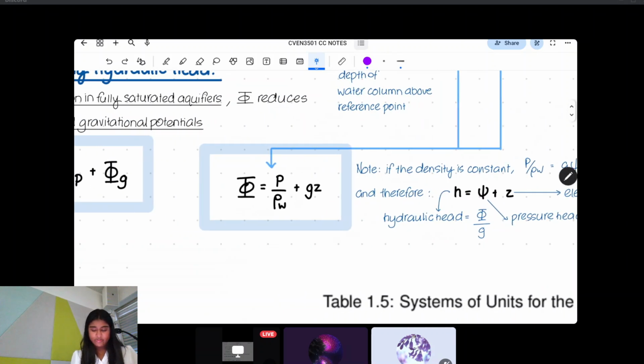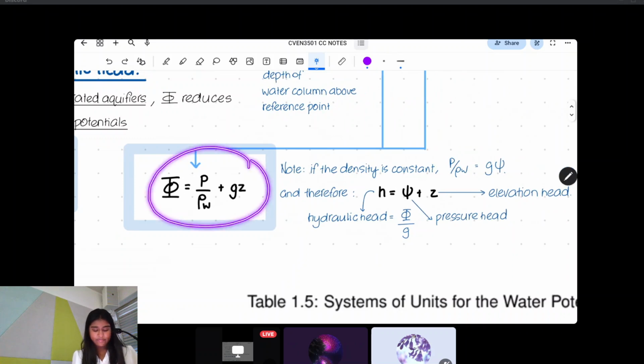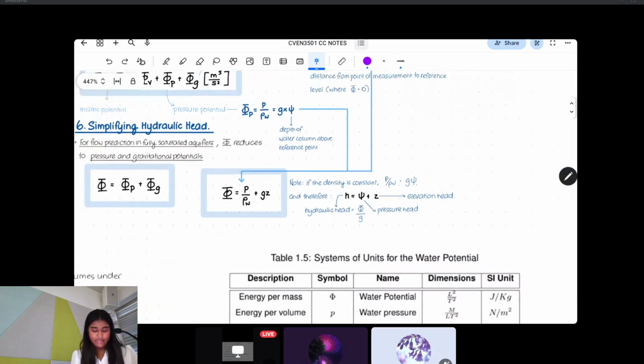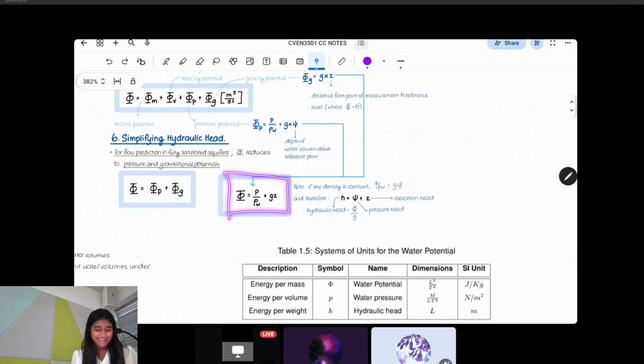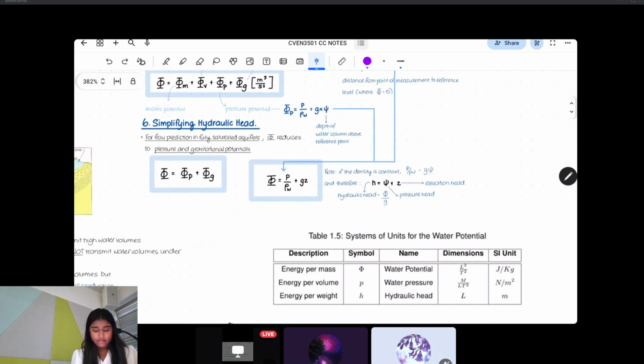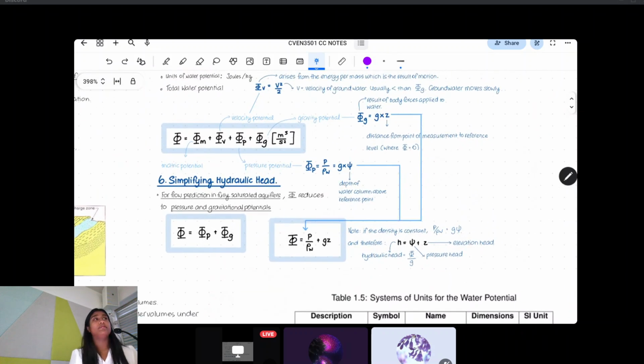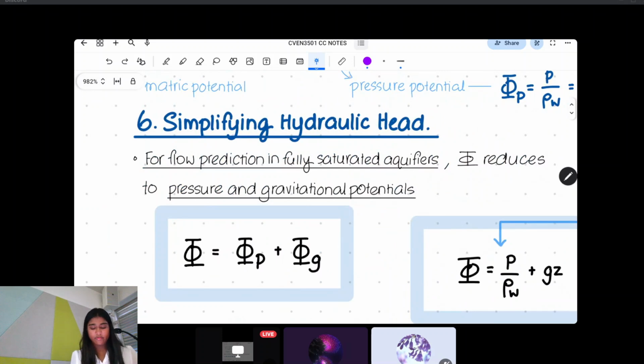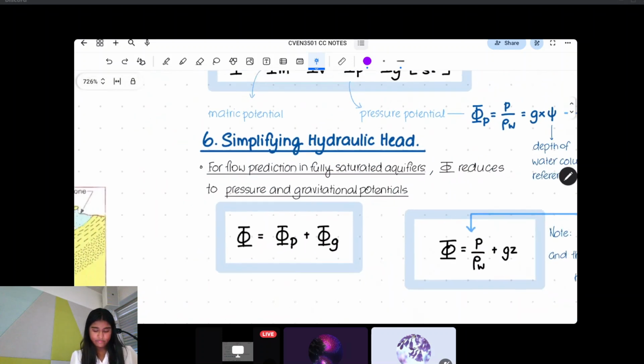And it can be reduced to this equation, right? So that's a lot simpler than this big one here. Does anyone have any questions about how this big formula can be manipulated based on the condition of an aquifer? Okay, wonderful.